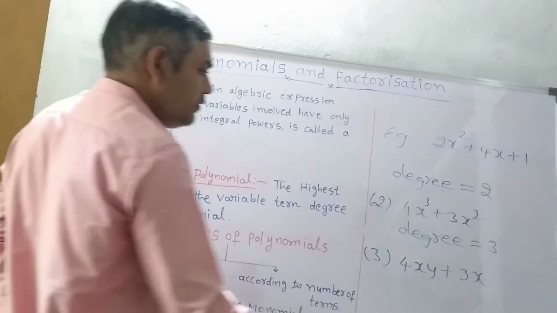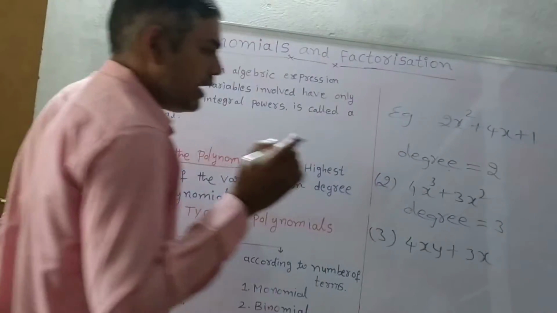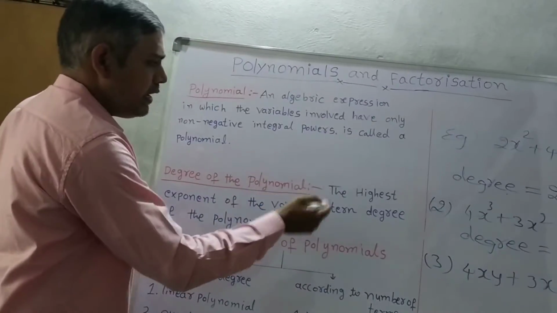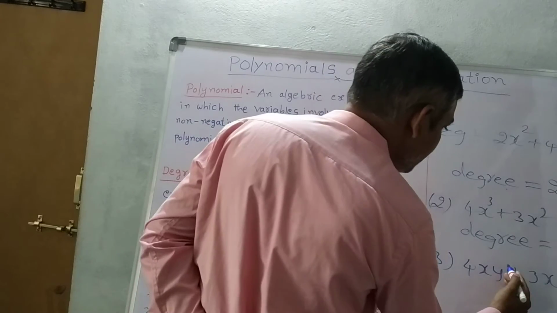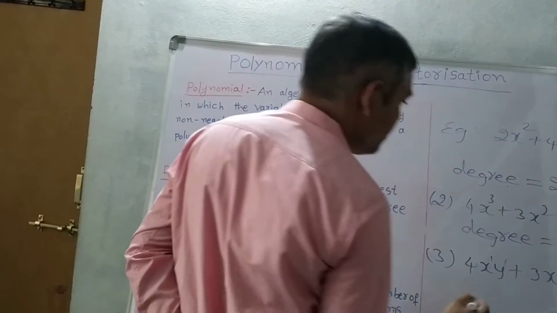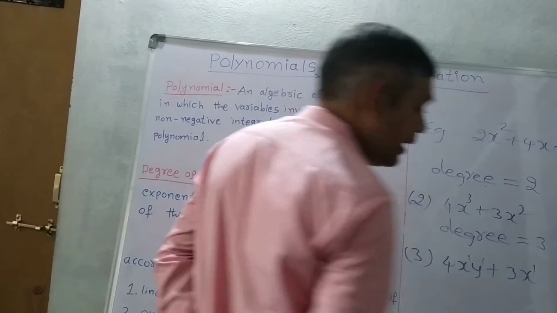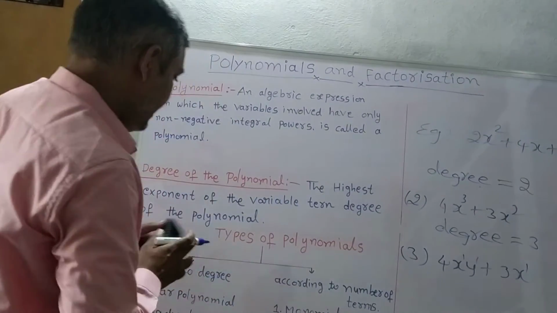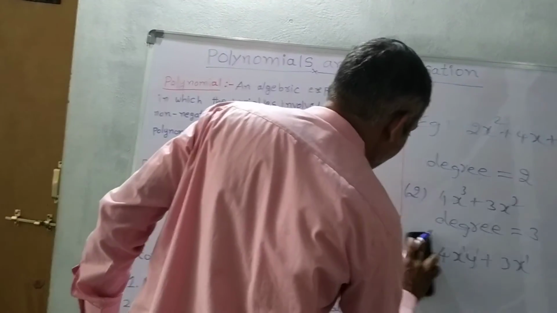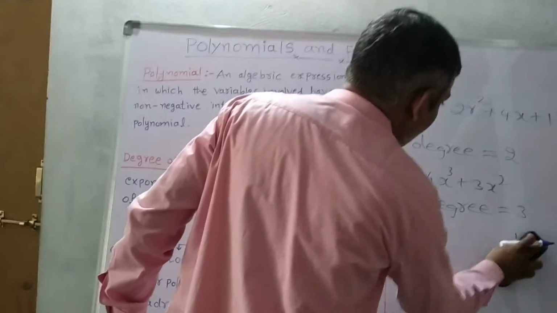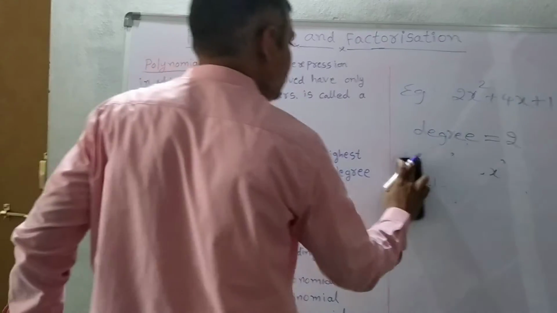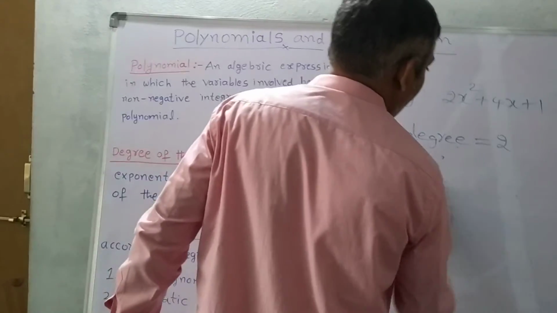The degree of the polynomial is also 1, the highest exponent of the variable term. Here the exponent is 1, and here also 1. That's why the degree of the polynomial is 1. This is the second basic concept. The first one is the definition, the second one is the degree of the polynomial.